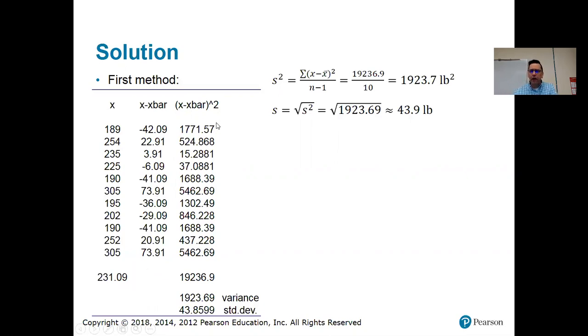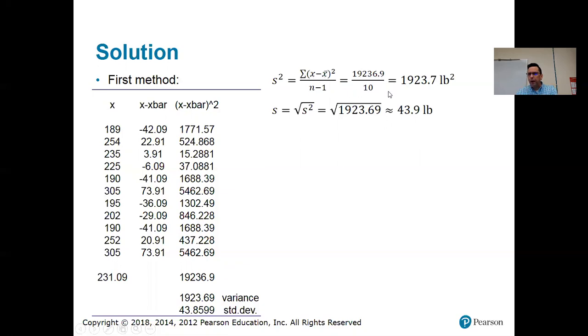And then when you square all those, you get these numbers here. You add up all those squared numbers, they add up to 19,236.9 approximately. And then to get the variance, going up here for a second, the 19,236.9 is the sum of the squared deviations.